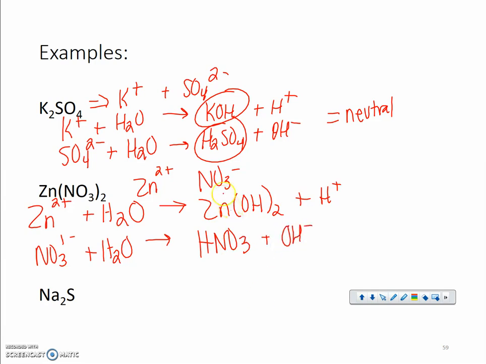Okay, so the two things we form, this is a weak base, this is a strong acid. So a weak base and a strong acid is going to be acidic.